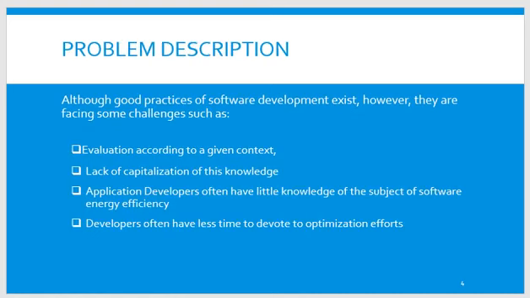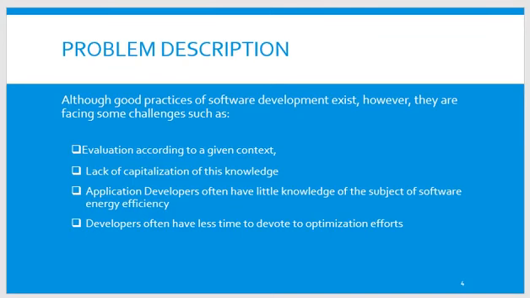Now, to describe the problem addressed in this study: although some guidelines on how to optimize the code and software applications exist, they are facing some challenges, such as evaluation according to a given context.